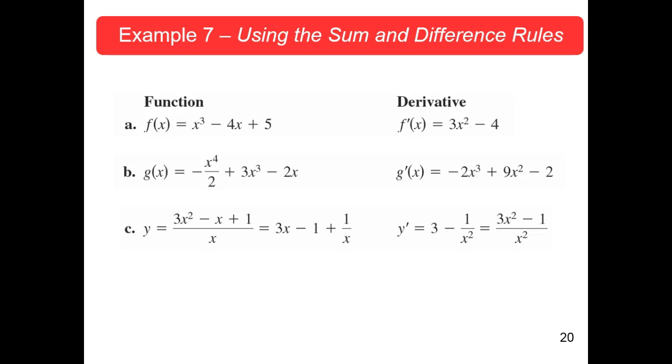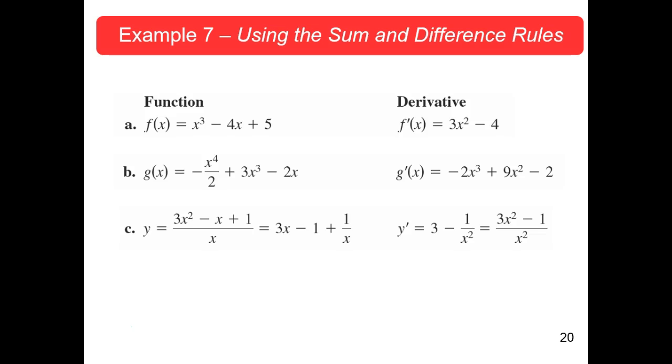Now let's take the derivative of that, with this being x to the minus 1. What's the derivative of the first one? 3. Good. Next, 0. And then the next was plus x to the minus 1. That would give you negative 1, x to the minus 2, which would be the same as negative 1 over x squared.